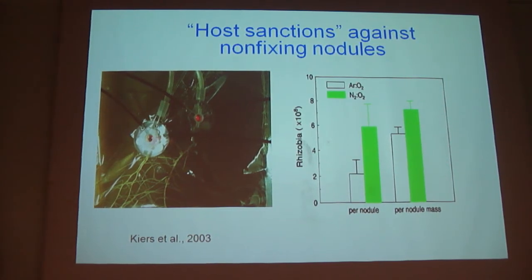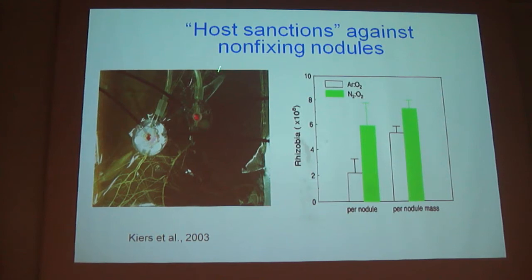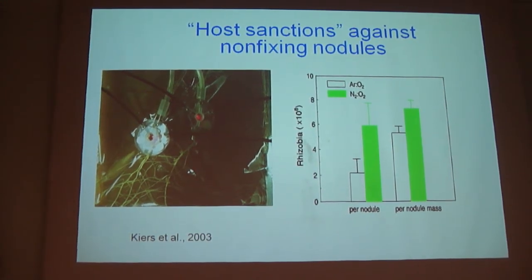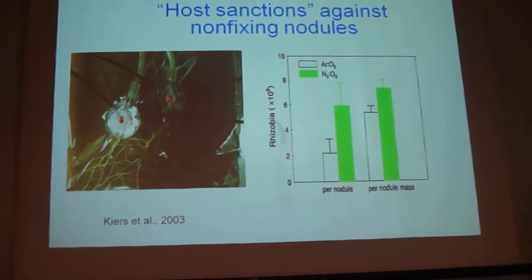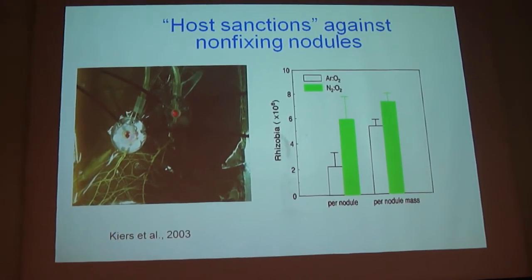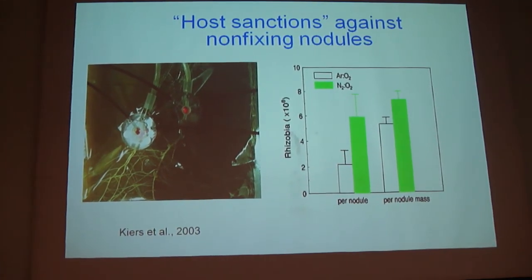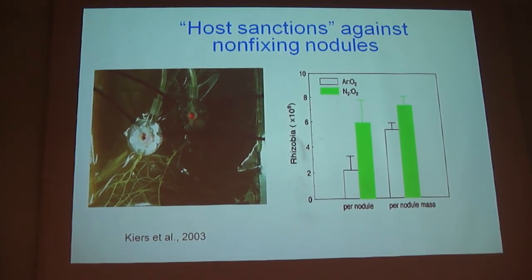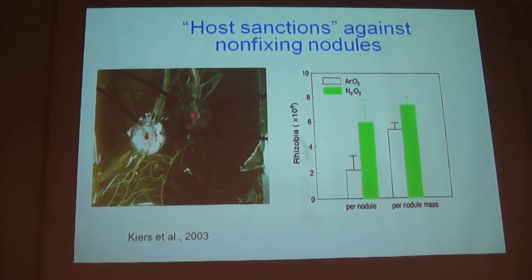But what we've done in this experiment is to inoculate a plant with a nitrogen-fixing strain of rhizobia and then enclose nodules in these individual chambers that allow us to control the gas atmosphere around the nodule. One of the nodules has normal air with 80% nitrogen and 20% oxygen, so normal nitrogen fixation in that nodule.